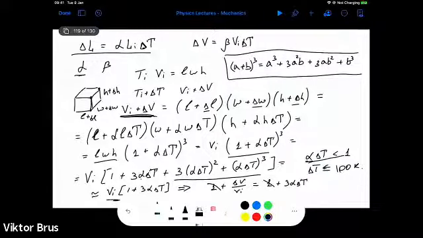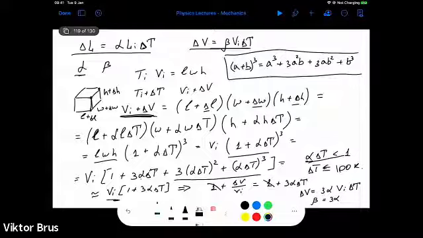From here, we can write that delta V is equal to 3 alpha times V initial times delta T. By analogy with the equation which we wrote at the beginning, we can write that beta is equal to 3 alpha.